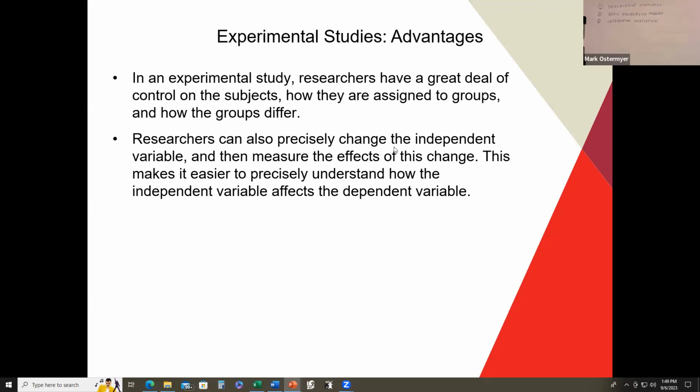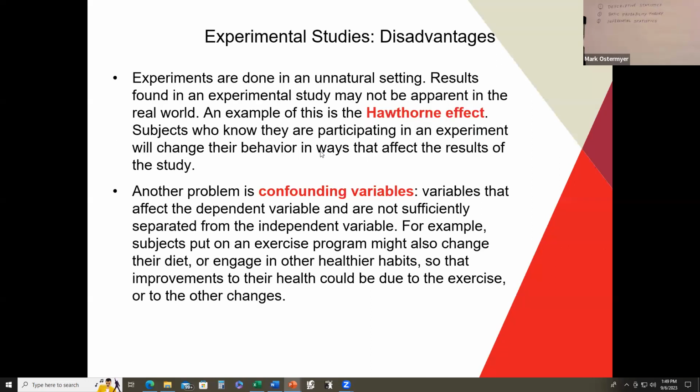And here are the advantages that I already basically stated. We do have a lot more control in experimental studies. That's a major advantage. Disadvantages of an experimental study: you could have what's called a Hawthorne effect, or sometimes it's referred to as the placebo effect.